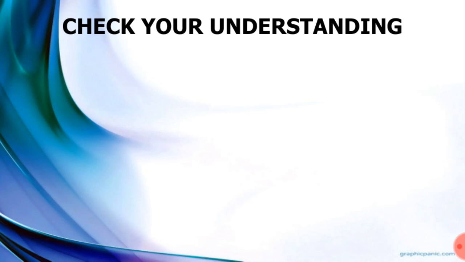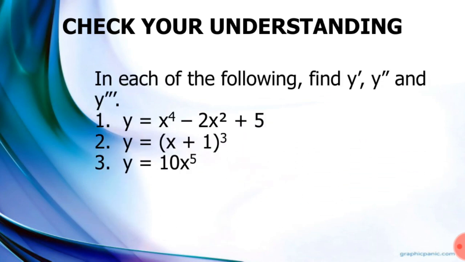So in each of the following, you're going to find y prime, y double prime, and y triple prime. If you need more time, you need to pause this video for the solving of your solutions.